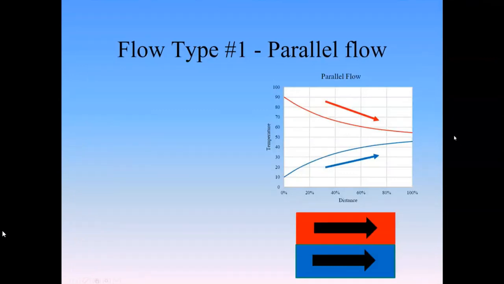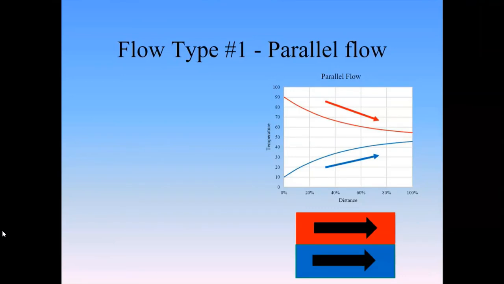We also have some ways that we can organize our heat exchangers, and these would be for closed type heat exchangers where we don't have any mixing of the flow, so they stay separate from each other. So my flow type number one is what we would consider to be parallel flow.